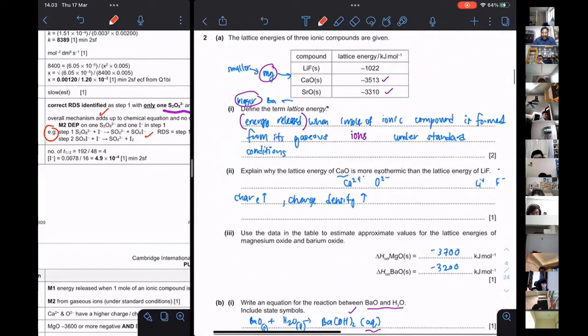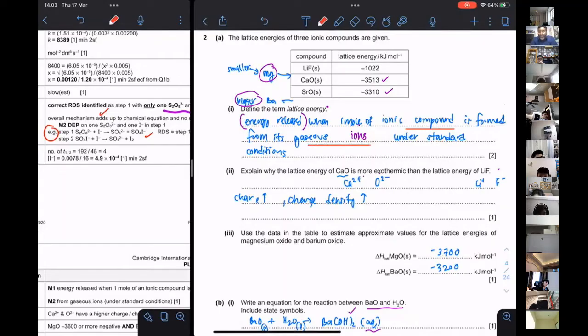Now, the lattice energies of 3 ionic compounds are given below, and you can see lattice energy is always negative. When they ask you to define lattice energy, always remember why it is negative: it's energy being released, because you are forming 1 mole of ionic compound from its gaseous ions.